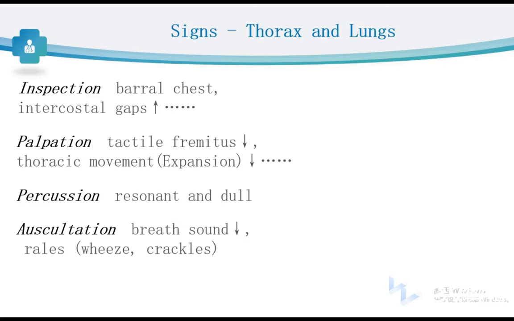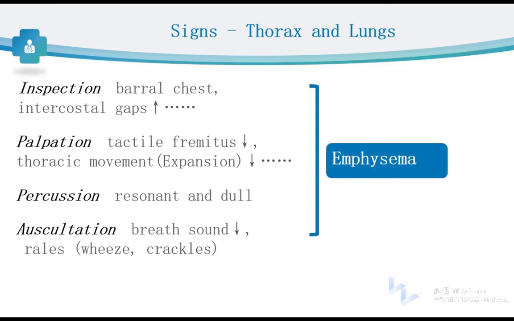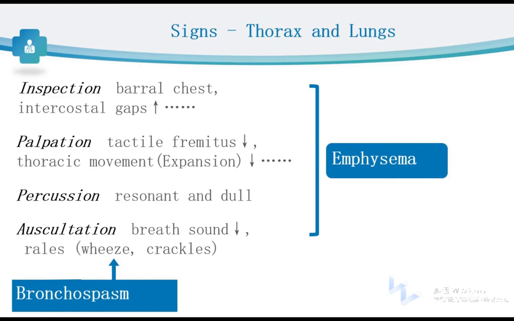All of these positive signs above are caused by emphysema. And sometimes we can hear wheezing rales in both lungs. That's because of bronchospasm. So once we hear the wheeze, we can suspect acute exacerbation of COPD.